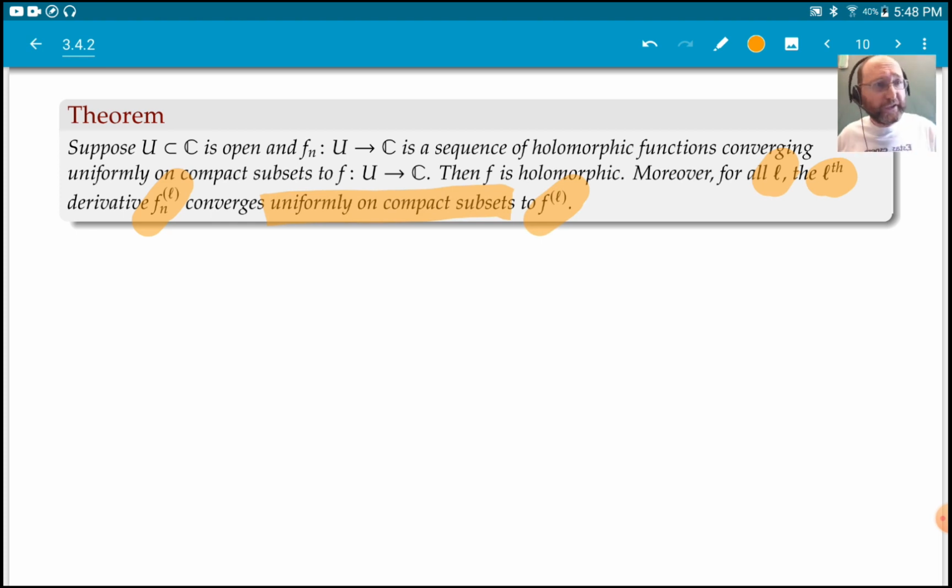Now that's a little weird, because I'm only asking for convergence of the function itself, and I get convergence of all the derivatives automatically. It's given to me.